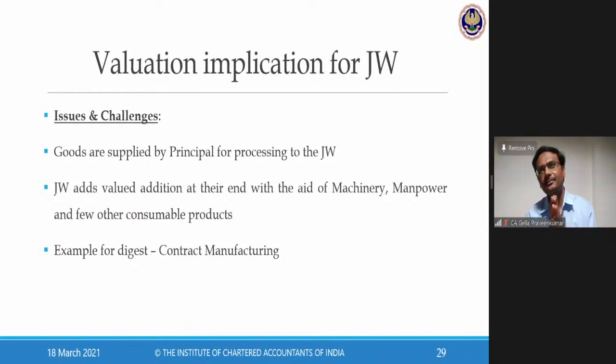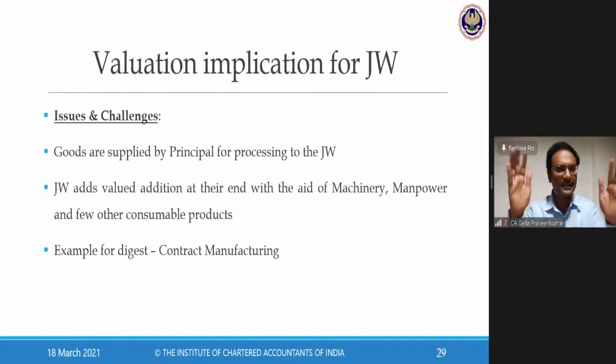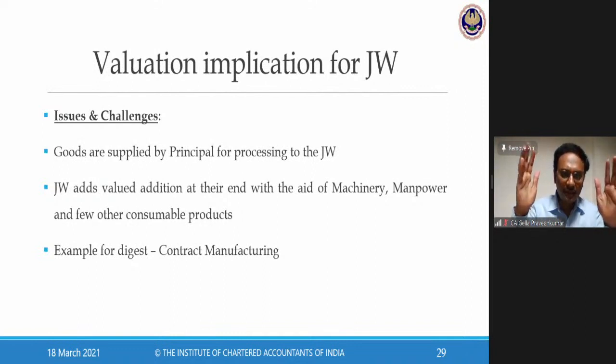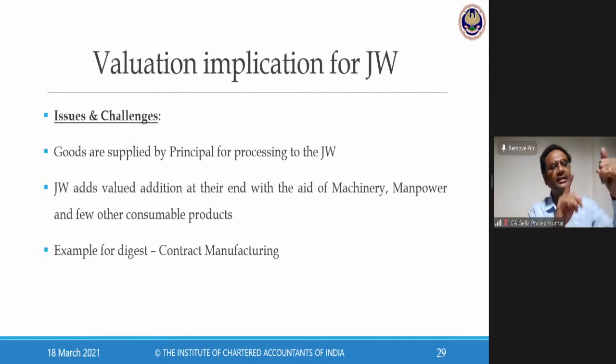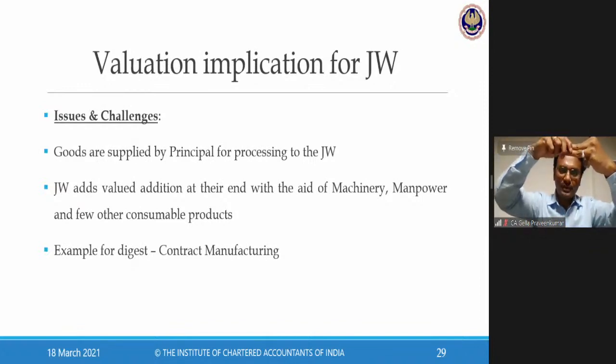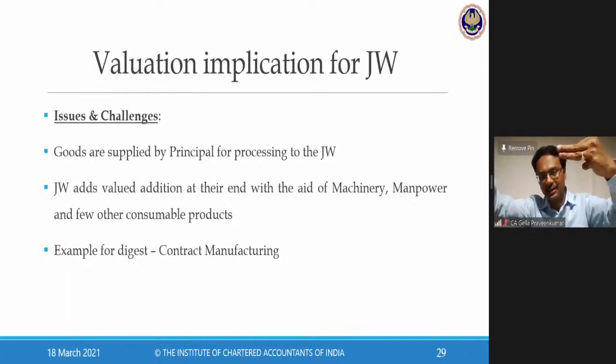Now here, say there is a building to be constructed. When you think of constructing a building, unless steel, cement, bricks are there, I cannot do a construction activity. Say out of these three, like manpower, steel, cement, these two were given by the customer.